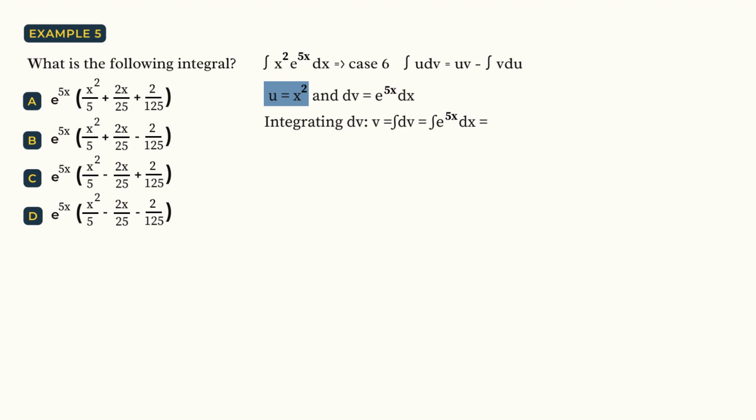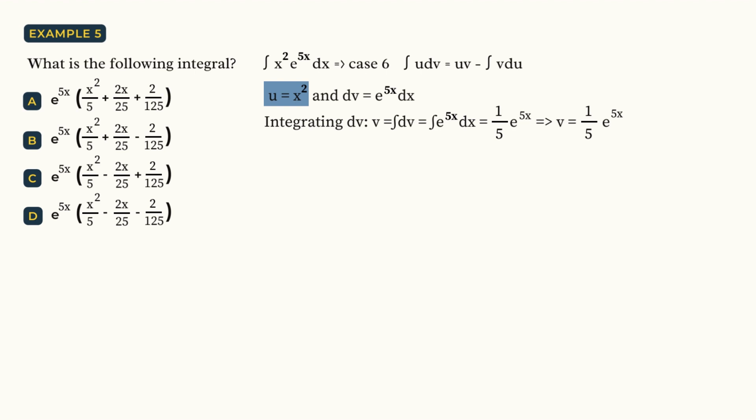Looking in the FE Handbook, this is case number 22. And let's just go ahead and apply that. It will be equal to 1 over 5 multiplied by e power 5x. So it results that v equals 1 over 5 multiplied by e power 5x.